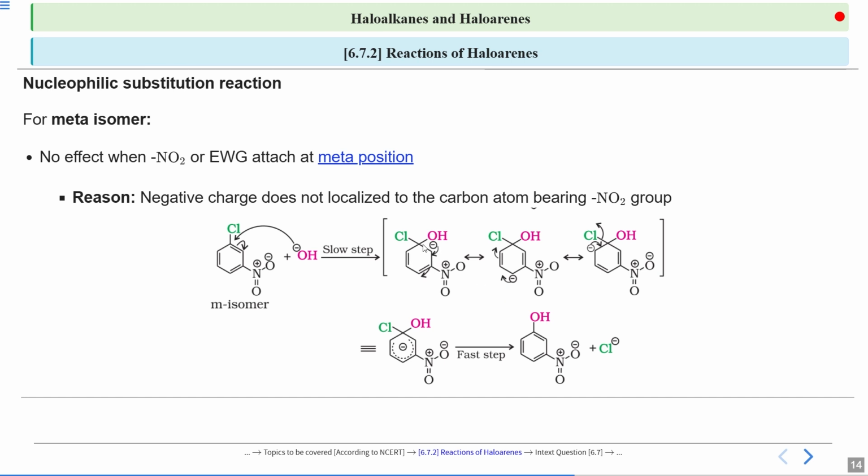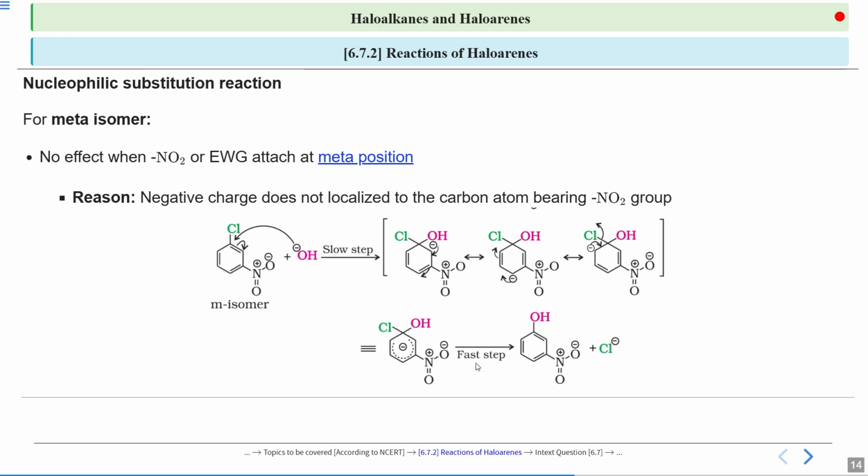The negative charge is not localizing to the meta carbon. Okay, so you will get this second structure where this negative charge is present at the para carbon. Now again this negative charge will delocalize and you will get your negative charge at the ortho carbon, and then the final step will happen where all these three steps you can represent through this intermediate, which is equivalent to this structure where it is showing that negative charge is delocalizing over the carbons of the benzene ring by resonance.